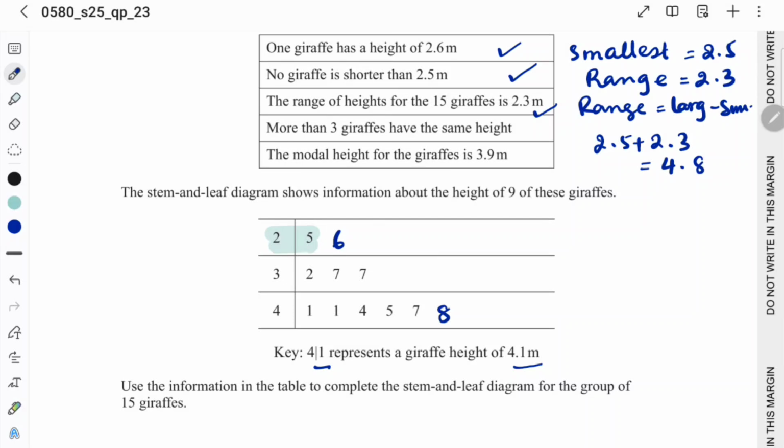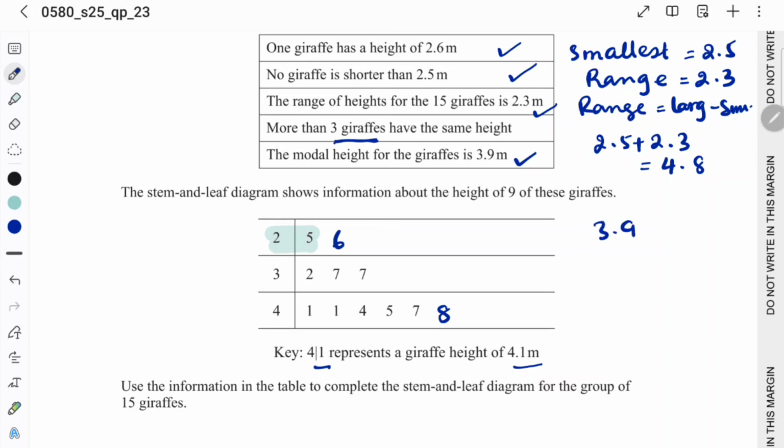More than 3 giraffes have the same height. So we'll fill it later, but the modal height for the giraffes is 3.9. Okay, so it means that 3.9 is the height which is coming as the frequent number, and it is 3 giraffes that have the same height.